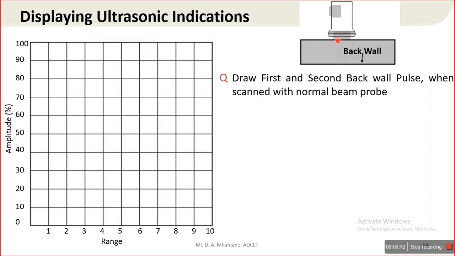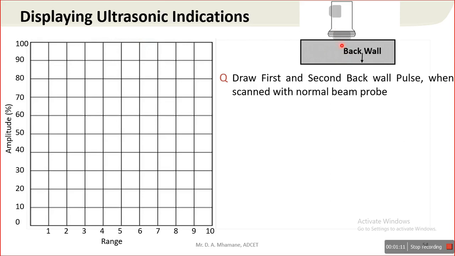So when the first reflection comes near to the transducer, then single echo appears on the screen at a particular location with respect to the depth of component. Then again ultrasound emits from the transducer, again it reaches to the back wall, again it received by the transducer.